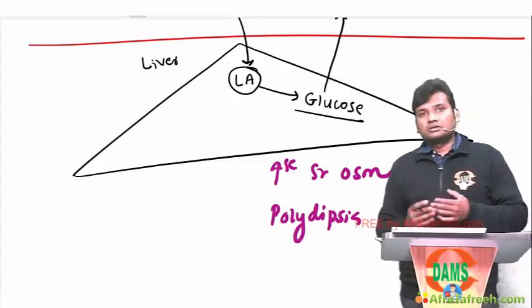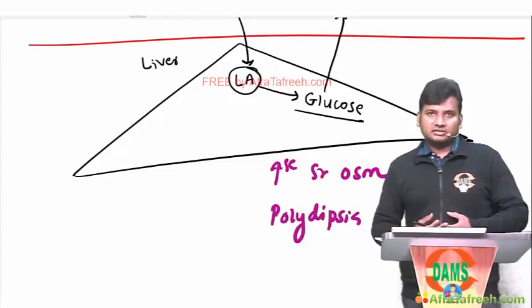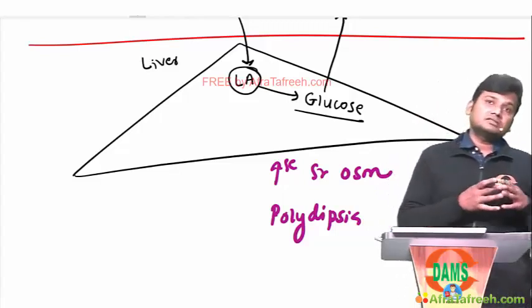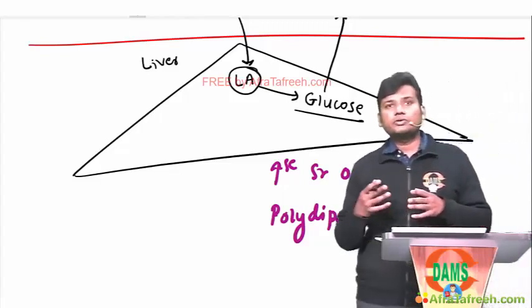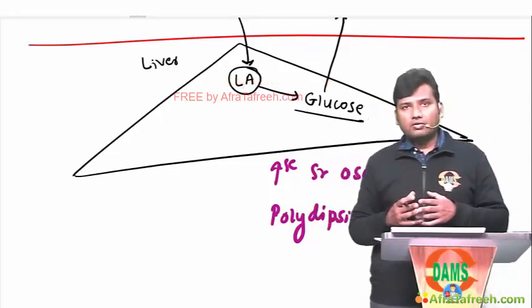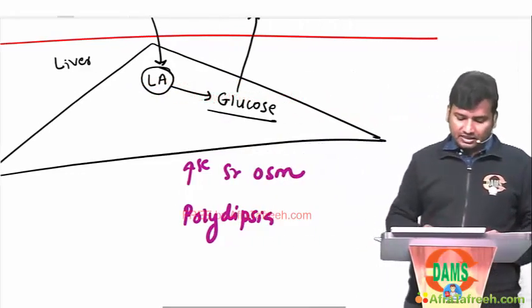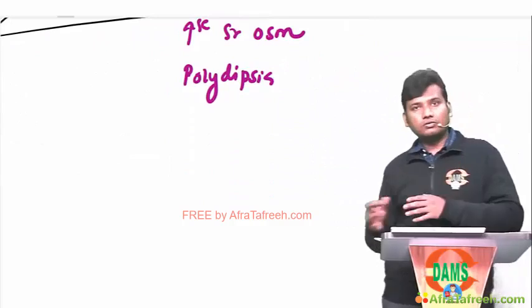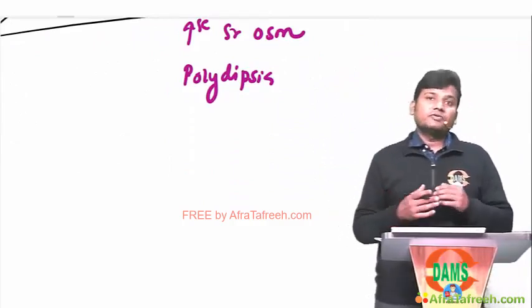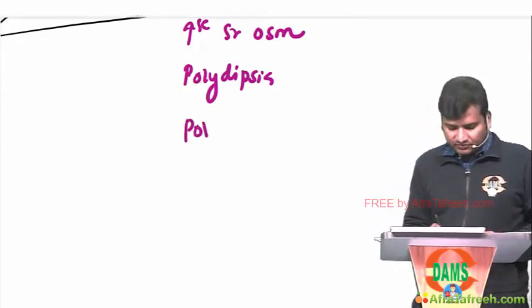Now, as serum osmolality increases, it stimulates the thirst center, and this increased glucose will go towards the kidney. The kidney is getting a large amount of glucose, and now the kidney will try to excrete the glucose. And when the kidney is trying to excrete the glucose, the frequency of urination will increase and the patient will suffer from polyuria.